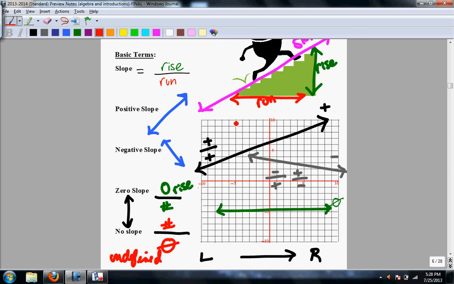So technically, a no slope is a vertical line. You also know that as undefined. Take a moment and make sure you have an example of each of these on your graph.